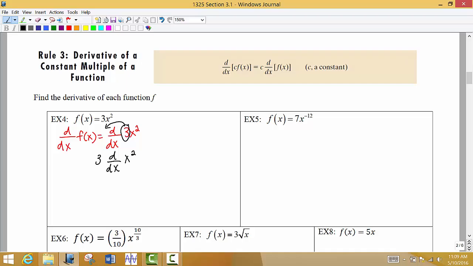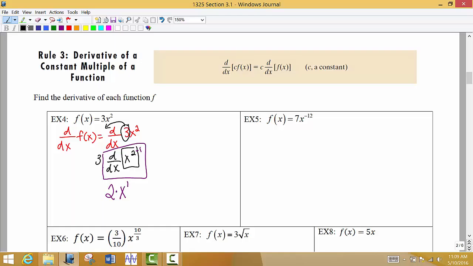In other words, I can find the derivative just of this part right here, kind of setting aside that constant and focusing on the part that has the x. Okay, so if I was going to do that, what would it look like? Well, to find the derivative of x squared, I'm going to use my power rule. So that would be 2 times x, subtract 1 from the power, so 2 minus 1 is 1.